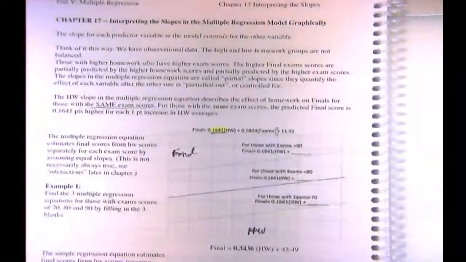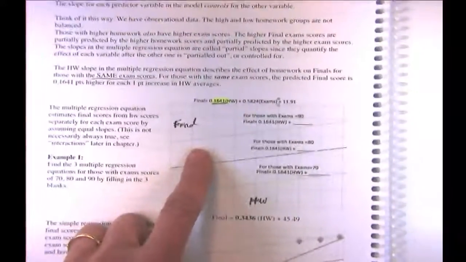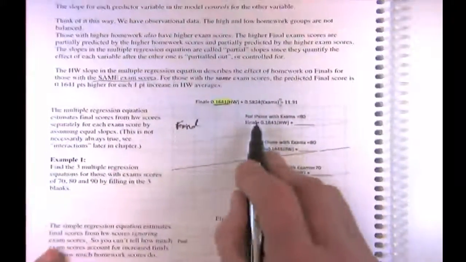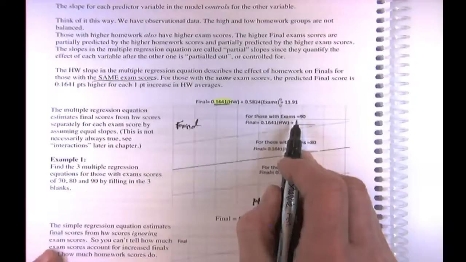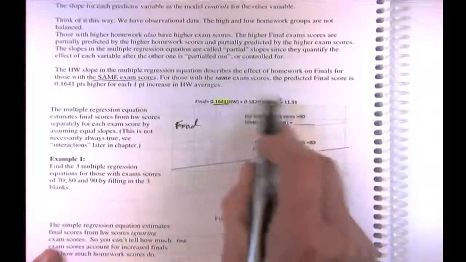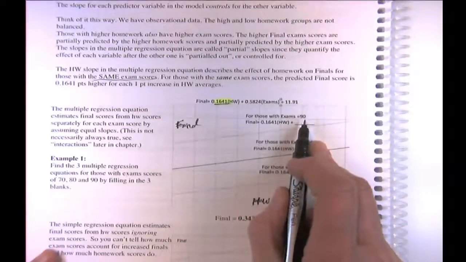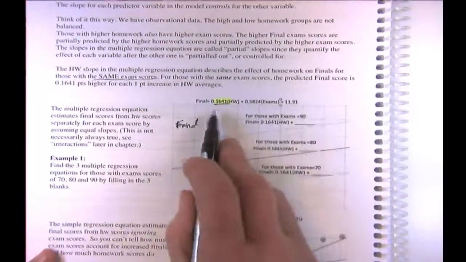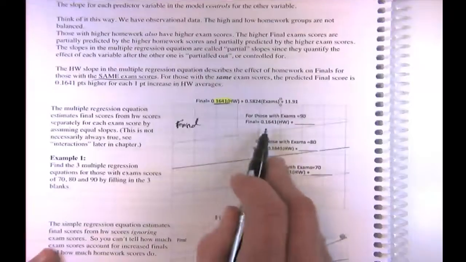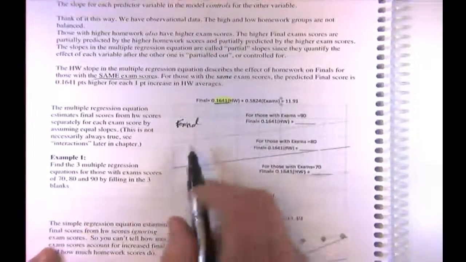Why? The idea is this: you say, okay, for those, because you can stratify. That's what this allows you to do. It says for people with exam scores equal to 90, your final is equal to 0.164 times your homework, this slope, homework versus final.